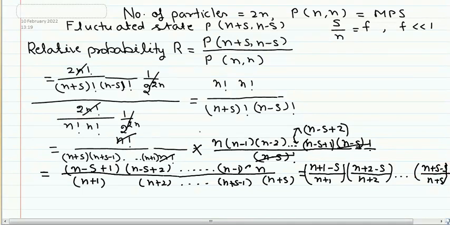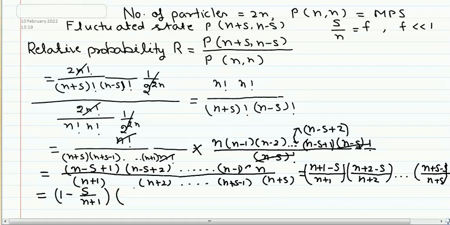Now what we have to do, we will divide this n plus 1 with this n plus 1, and then we will write it as, if we divide then it will be 1 minus s upon n plus 1, 1 minus s upon n plus 1.